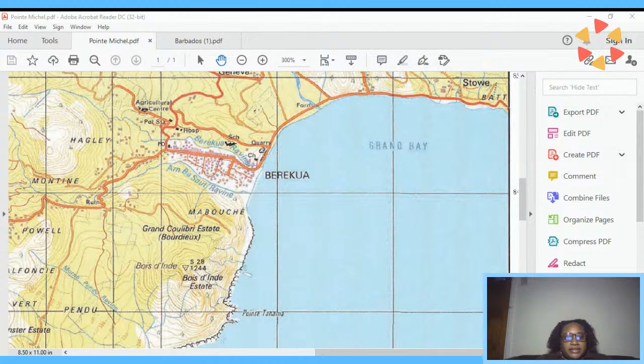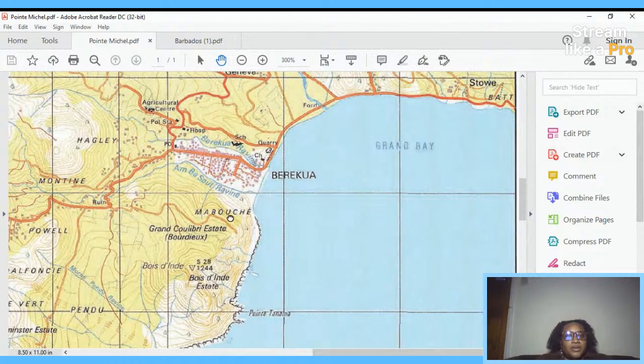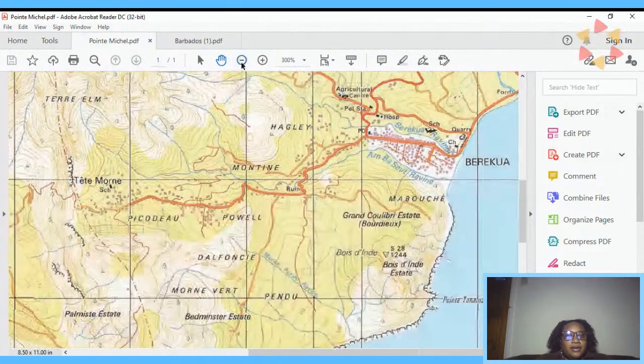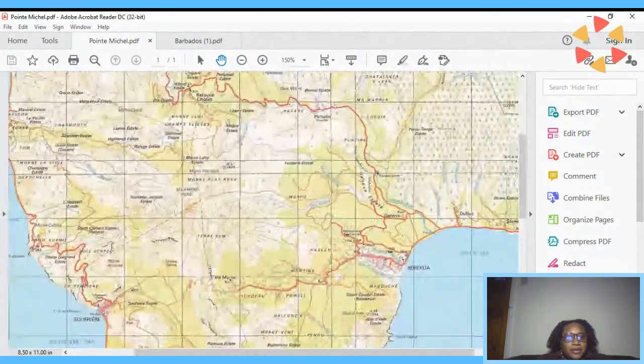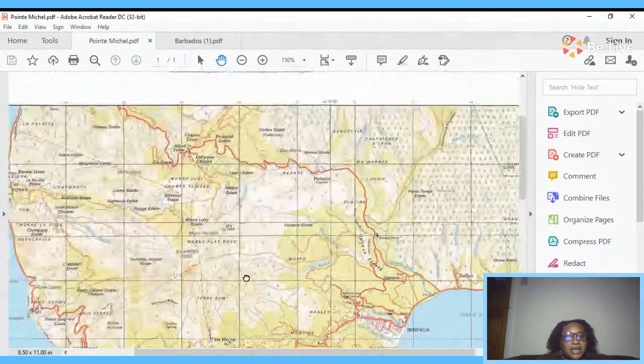Very good. Nucleated. Can you all find any area that is dispersed on the map? So you have to locate a dispersed area.